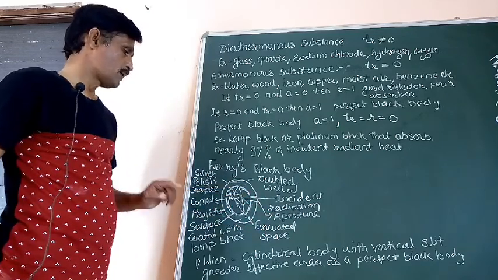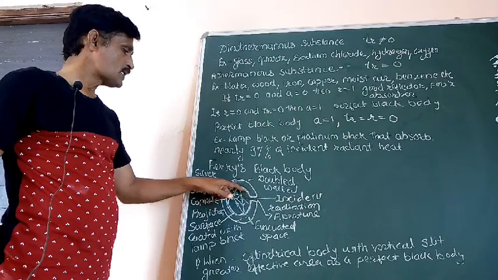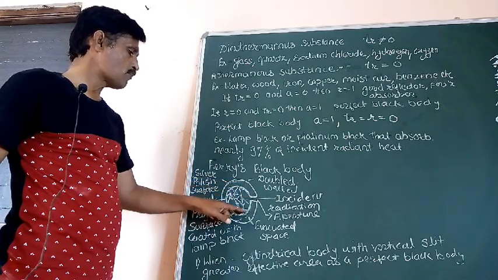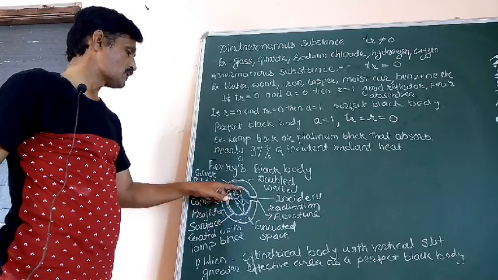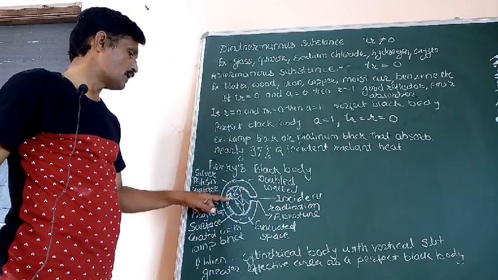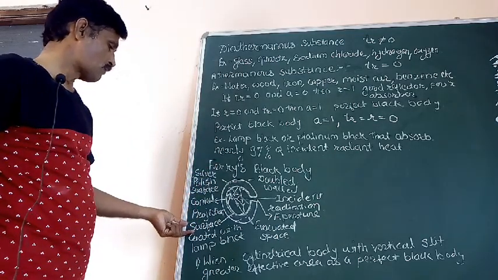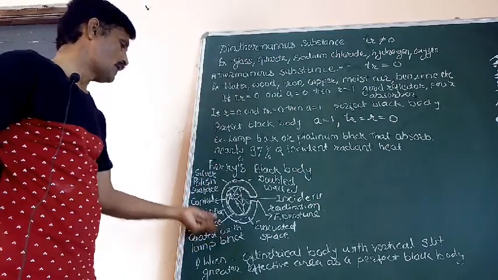The inner surface of Ferry's black body is coated with lamp black.